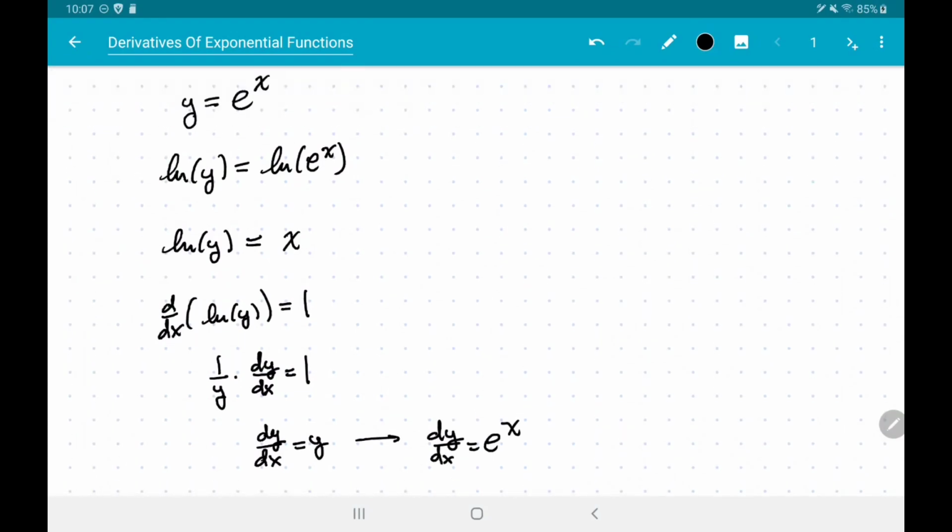So in other words, because the derivative of the logarithm is the reciprocal, this calculation shows that this inverse relationship between the logarithm function and the exponential function forces e to the x to be the amazing indestructible function. So there you go. That's why these derivative rules have to be the way they are, and e is the magic base that has all of these nice calculus properties.